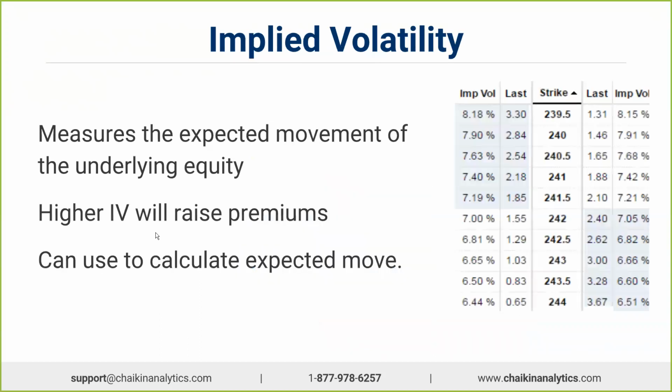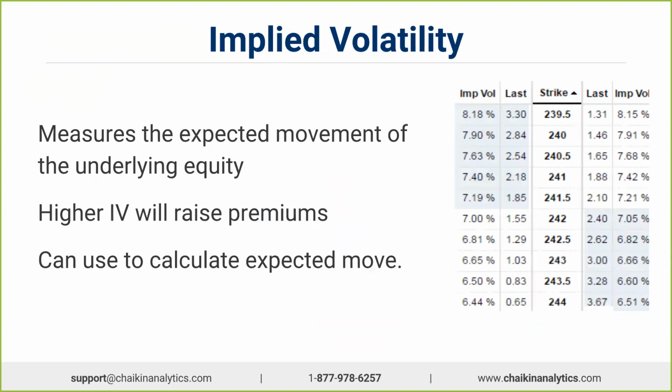Let's talk about implied volatility. This is an important concept, and I hear a lot of people say, well, volatility is really, really low, and they are using the VIX as a measure. The VIX is a very specific volatility index. It measures volatility on a very specific financial asset, a specific set of S&P futures contracts.